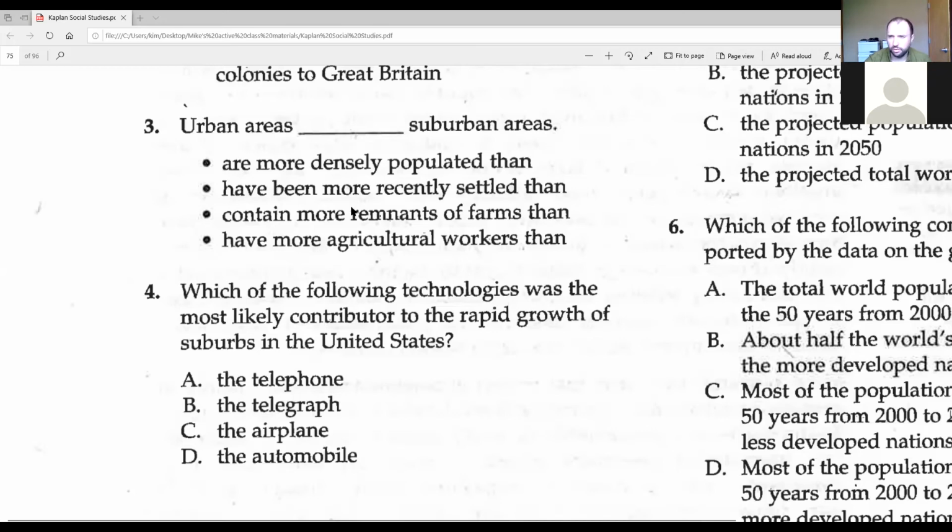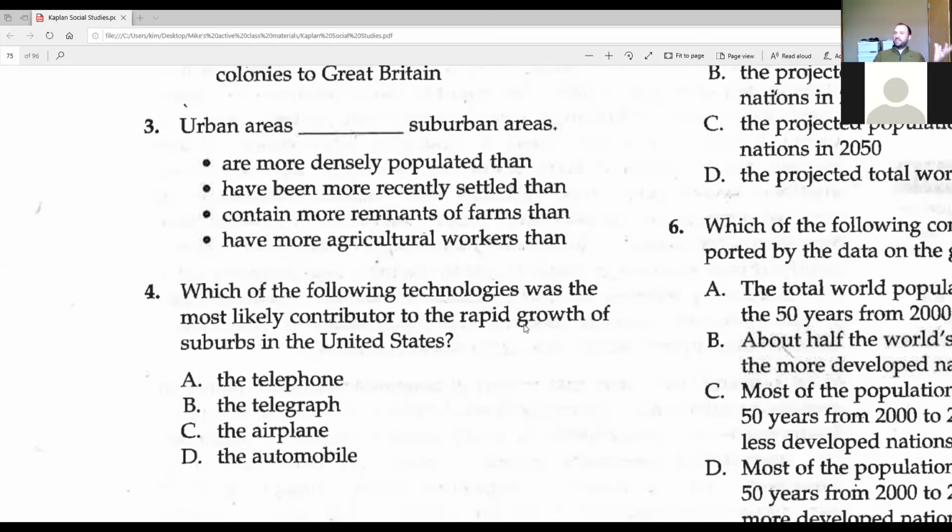So kind of going off of that same discussion, number 4 says, which of the following technologies was the most likely contributor to the rapid growth of suburbs in the United States? So make the best guess here. Right? The one that makes the most logical sense is the one that's right. So it used to be where we pretty much had urban and rural, right?